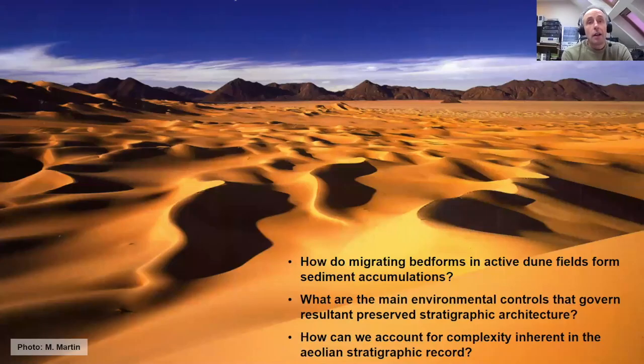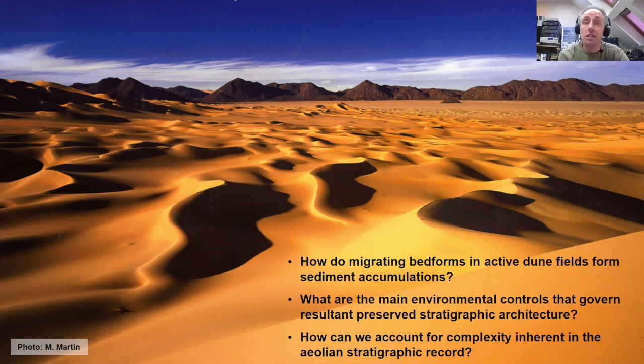So this talk then, really, it's about how do migrating bed forms of Aeolian origin, how do they form sediment accumulations? How do they rise over one another to give rise to a stratigraphic record? What are the main controls that govern their resultant preserved architectures? And how can we account for the complexity that we see in the Aeolian stratigraphic record?